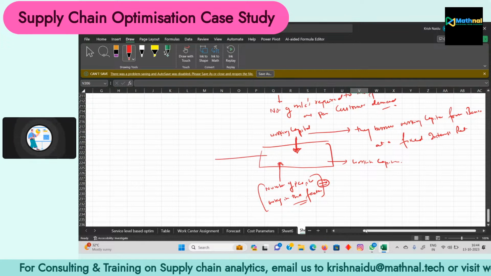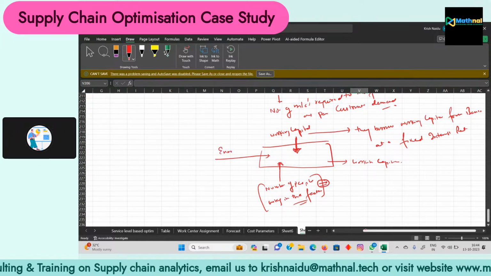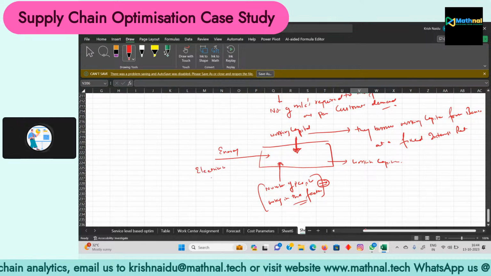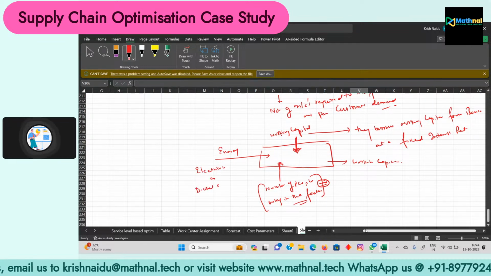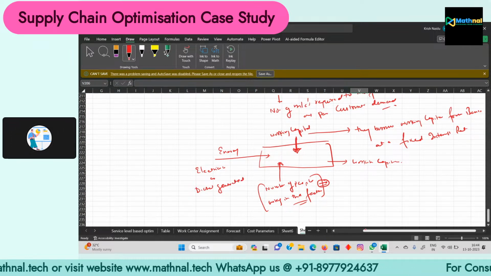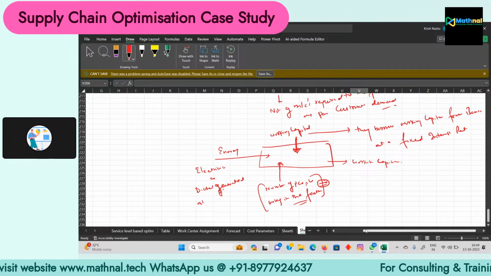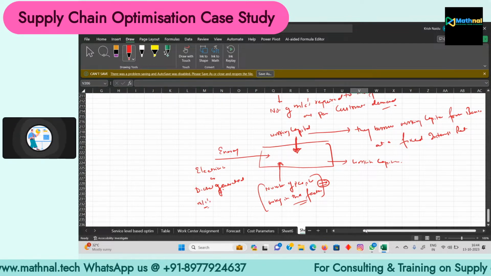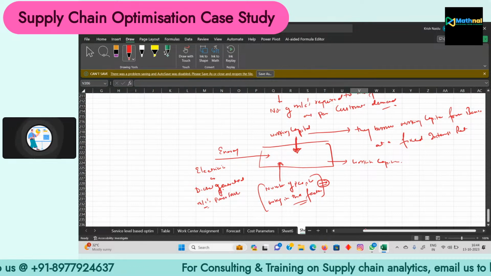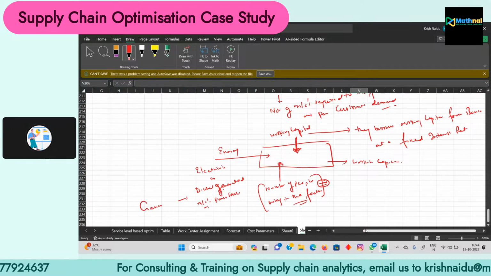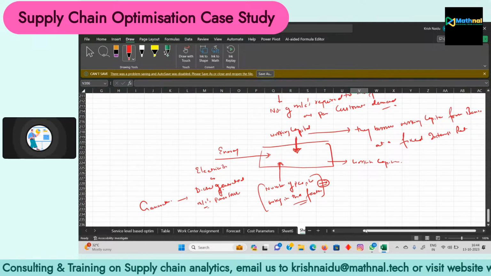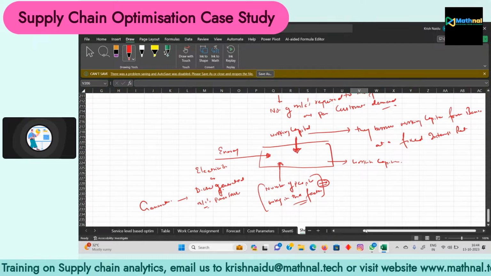Now the other input is energy. Energy is your electricity or diesel-generated power, so power sources, let's say a generator. So electricity is also one of the inputs.